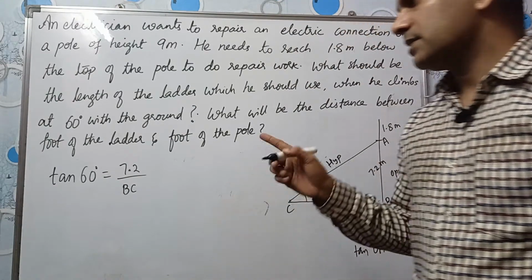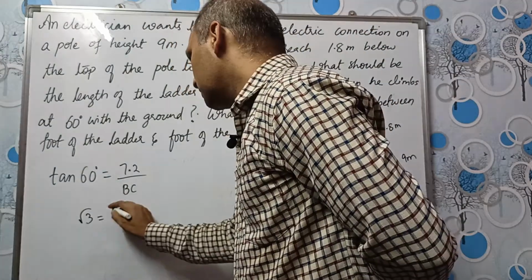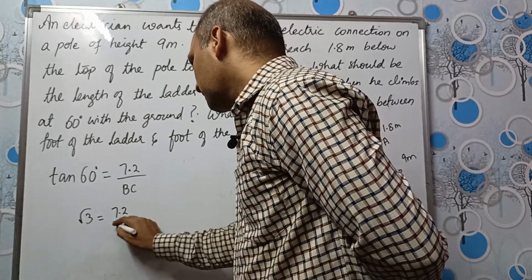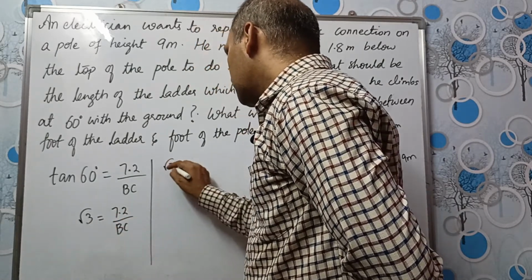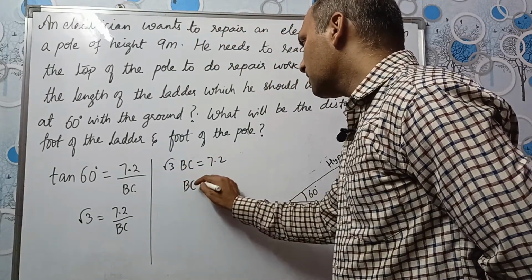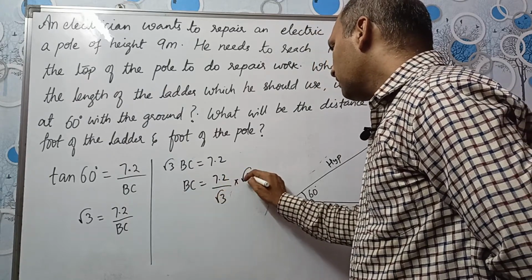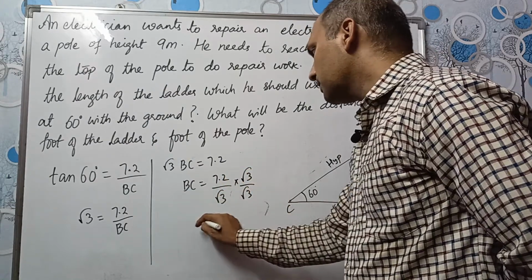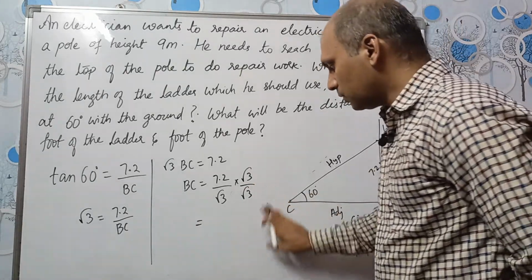Okay. Tan 60 is root 3 from the trigonometric table. Remember the trigonometric table. If you cross multiply this, root 3 BC will be equal to 7.2, or BC will be equal to 7.2 divided by root 3. We have root 3 in the denominator, so we are rationalizing it by multiplying numerator and denominator by root 3.